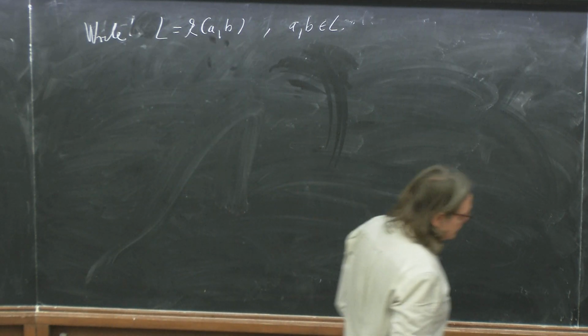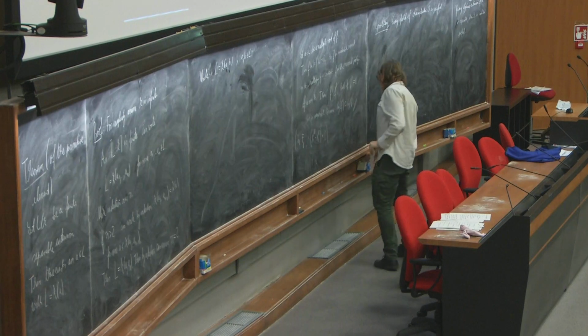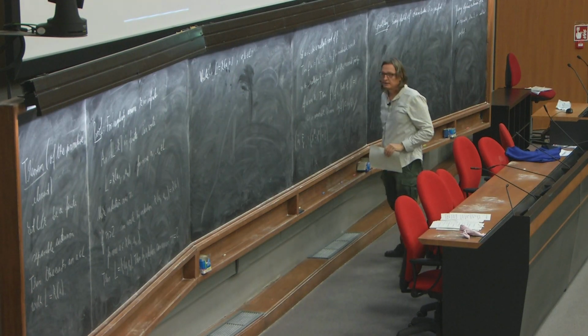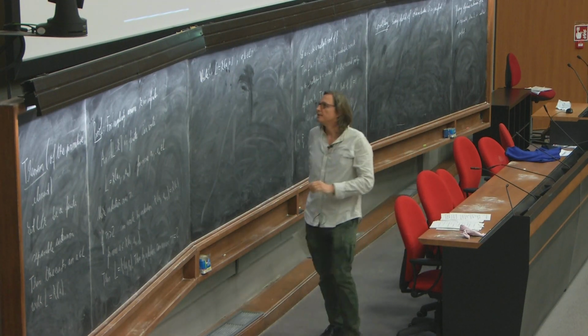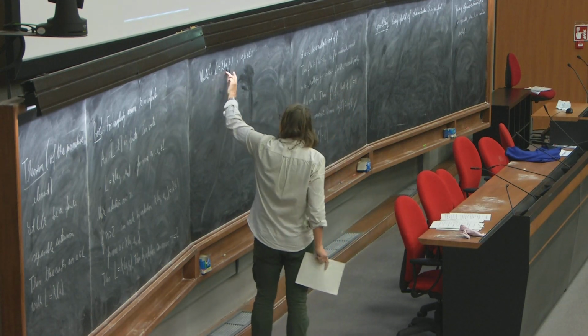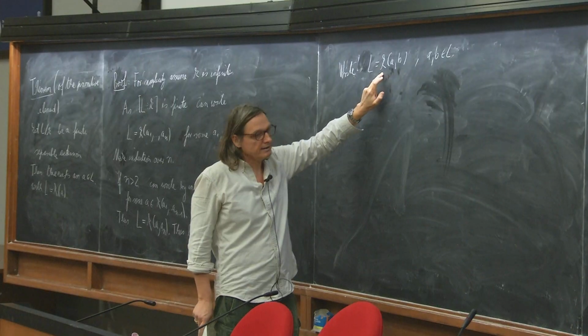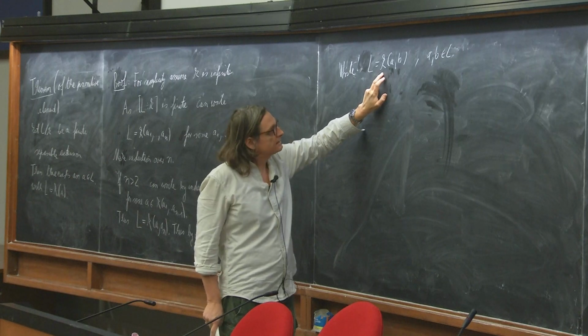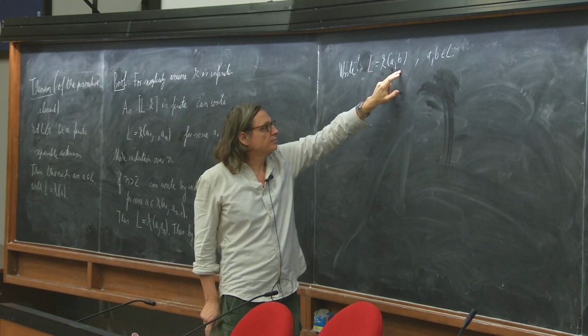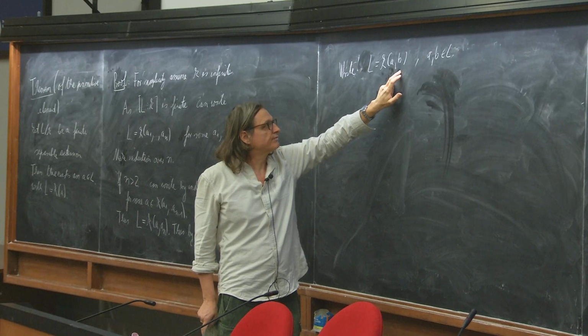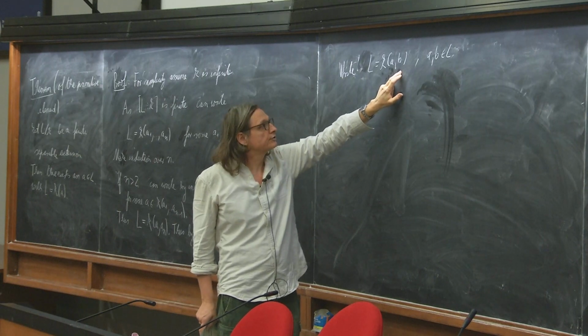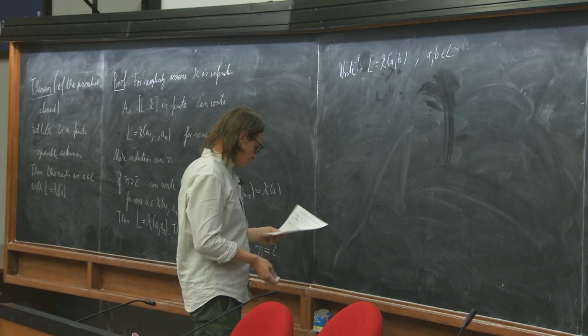And so in this case, the answer, however, is a very simple one. We can take linear combinations of a and b with coefficients in K. And the answer is that when we take any such linear combination, all except for a finite number of those will be generators.